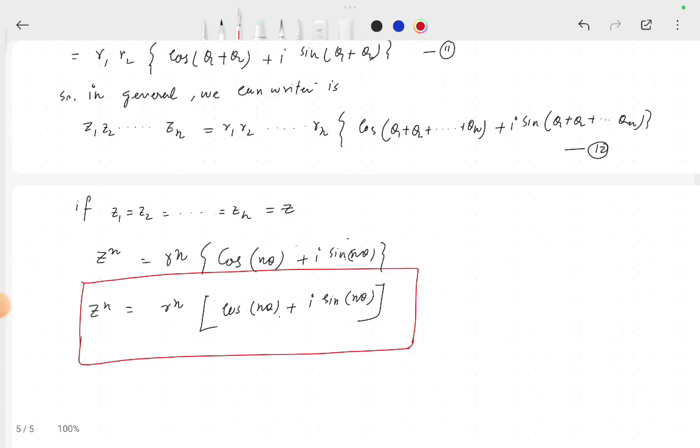Okay, so this is called de Moivre's theorem. I hope you understand complex numbers, Euler's formula, and de Moivre's theorem.